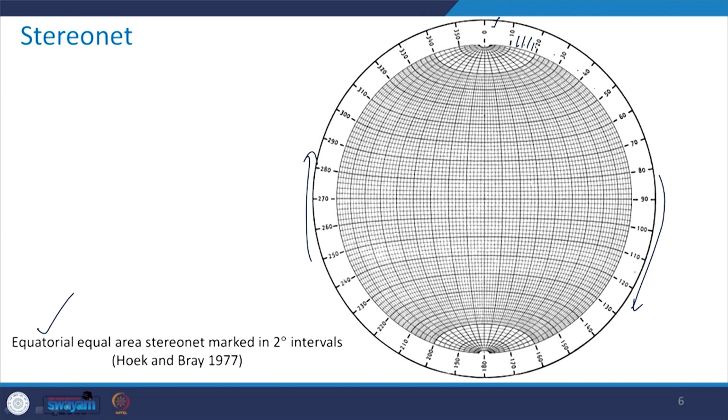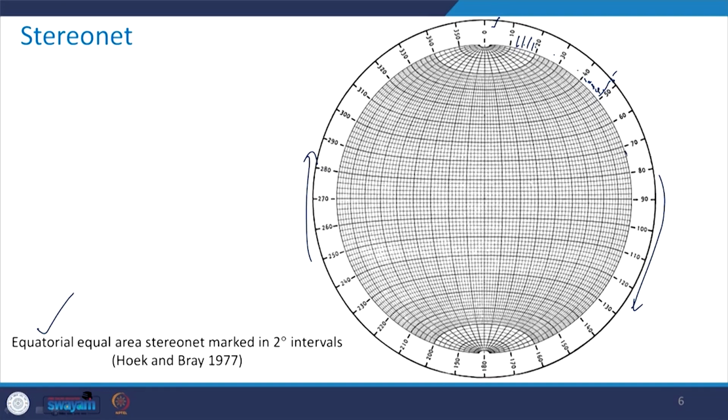Not only in the peripheral direction, but also in the longitude direction. In the latitude direction we saw 1, 2, 3, 4 and then the fifth one. And when you see in the longitude direction, a few lines are dark lines.